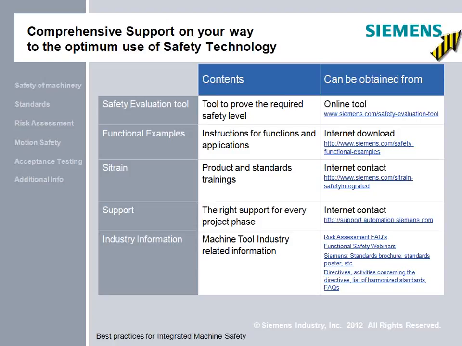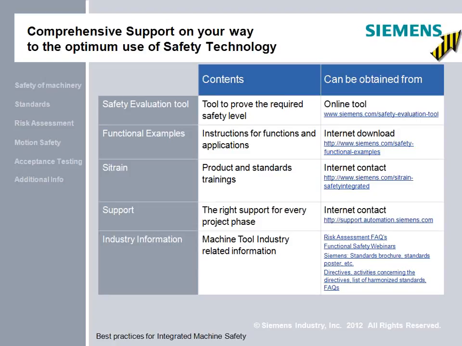Functional examples from Siemens, there's a wealth of information on the internet with pre-configured, documented functional examples for you to use as a basis. SI-Train, the Siemens training system, has formal classes available. Of course, we have what we call the Siemens hotline or support. The website link is shown here.